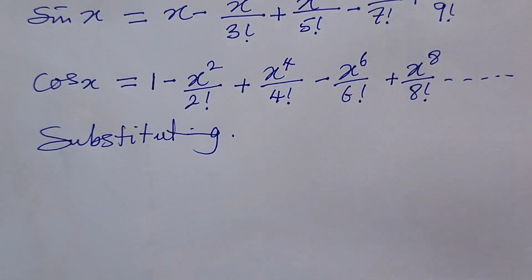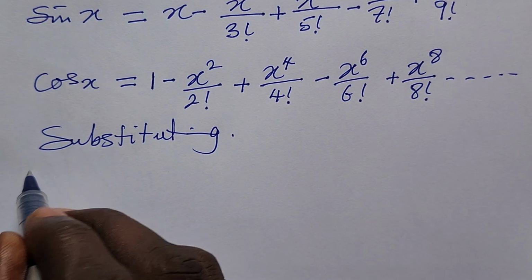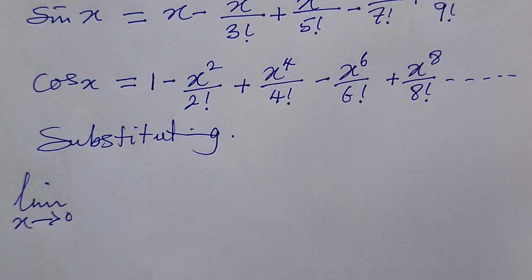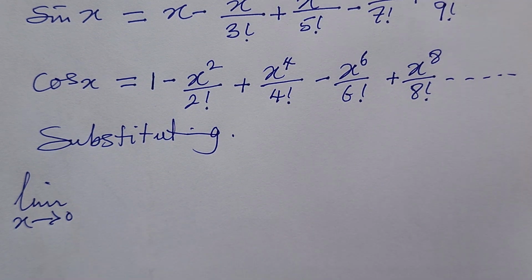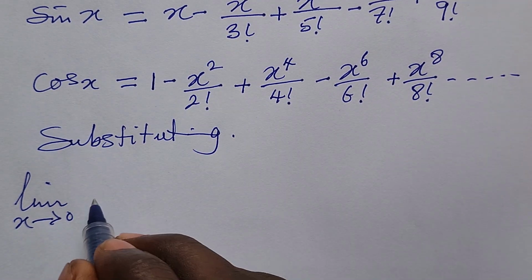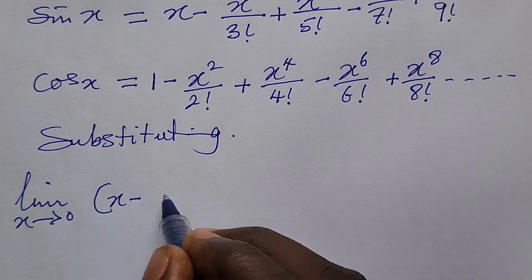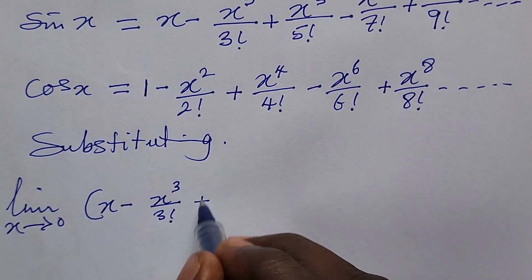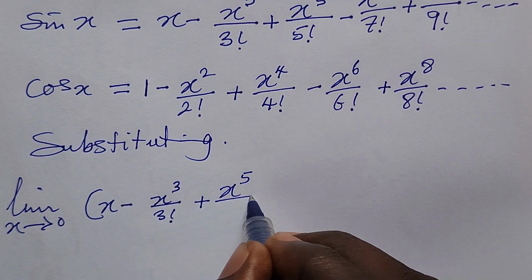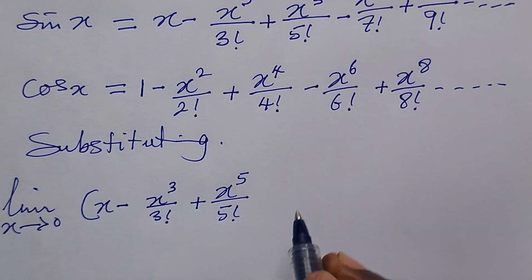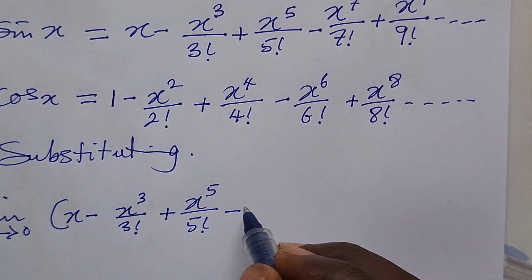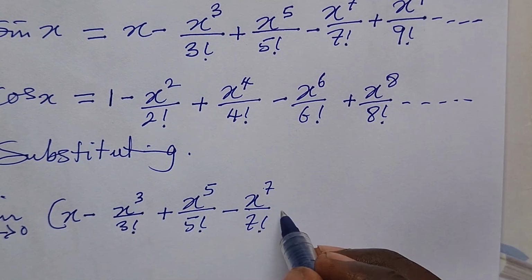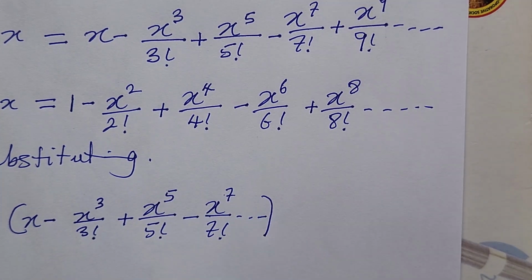We're going to have our function as the limit as x tends to 0 of, first, the bracket: x minus x to the power of 3 over 3 factorial, plus x to the power of 5 over 5 factorial, minus x to the power of 7 over 7 factorial, and so on, close bracket.